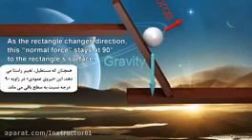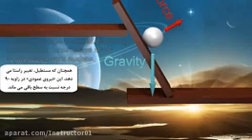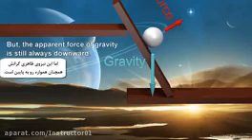As the rectangle changes direction, this normal force stays at 90 degrees to the rectangle's surface. But the apparent force of gravity is still always downward.